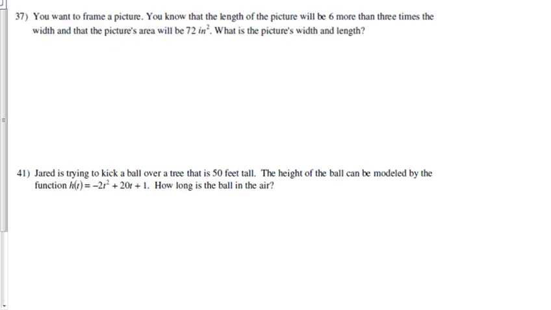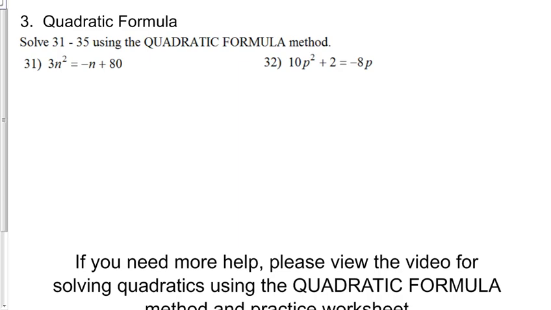All right, and then the last method is the quadratic formula. So the first thing I'll do is write it over here. And then we'll look at each of these problems that are not in standard form. So let's write them in standard form.